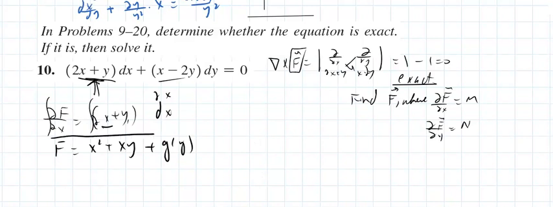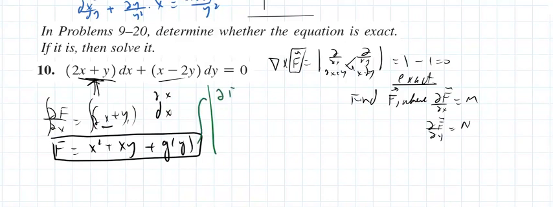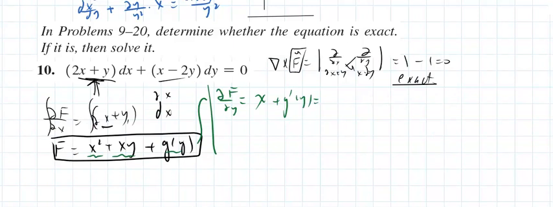And now just to find c, guess what? It's really simple. You're going to use the second half. This is what we're going to say. Look, if I take the partial of this answer with respect to y, that's 0, that is x, plus g prime of y. That must equal that component.